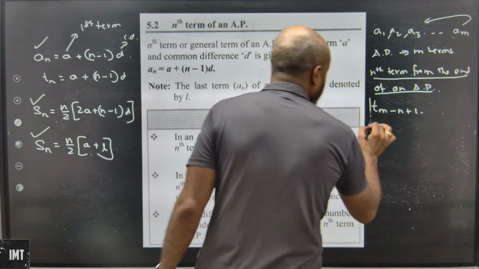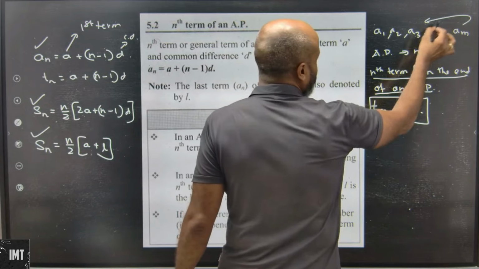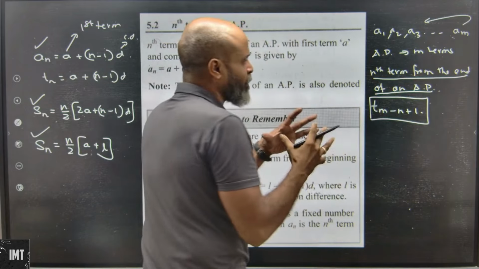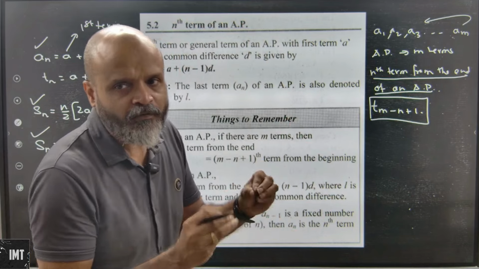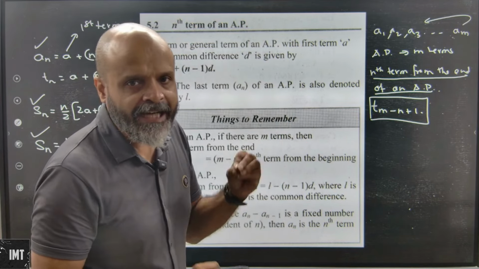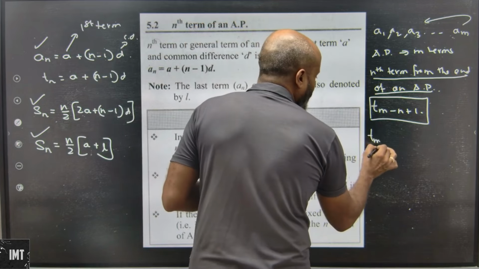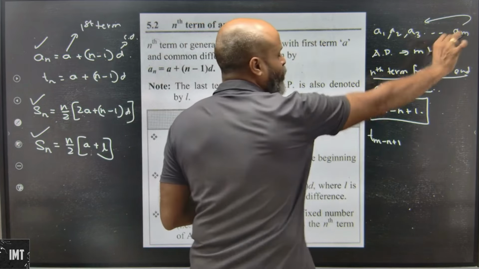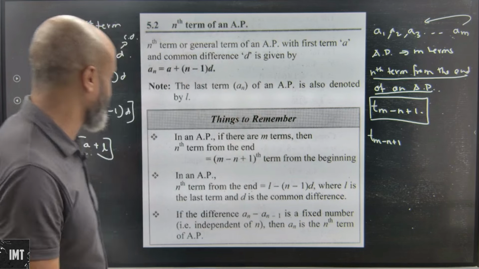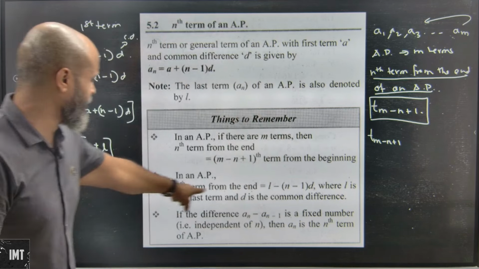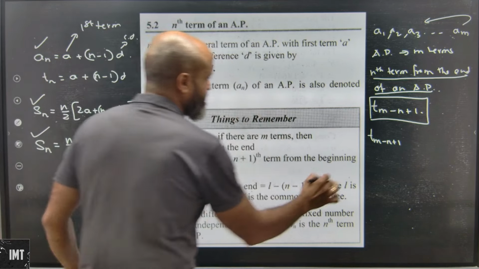It's very important. So if there's a question asked that what is the value of the nth term from the end of an AP, you will just find out the value of the (m - n + 1)th term from the beginning. That will give you the answer. So what is the nth term from the end?